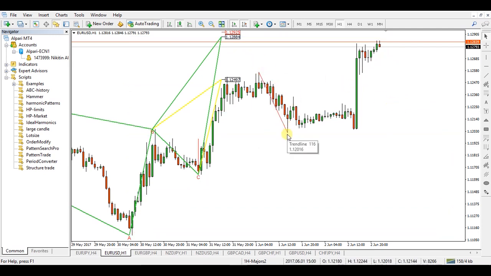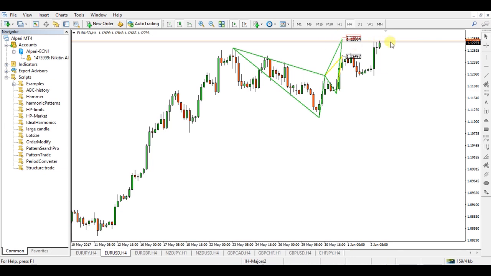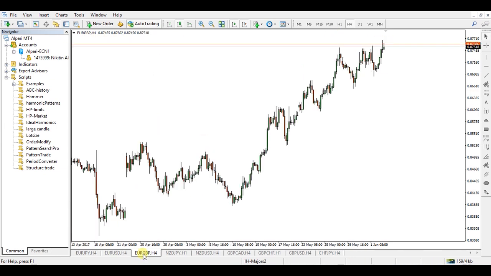X to A to B, B to C. Well, we had that loser. Nothing for now, for the next week. Alternative bet pattern for euro dollar.